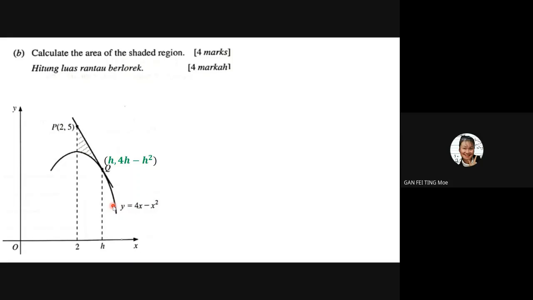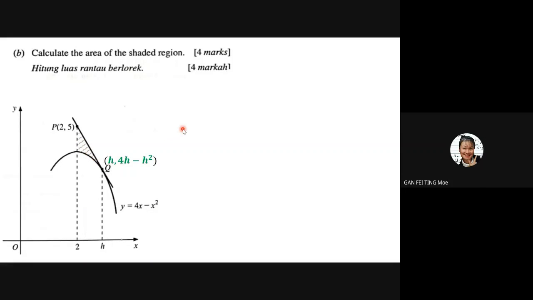Daniel, where are you? Soalan dia hendak shaded region ini. Dia hendak kawasan berlorek ini.